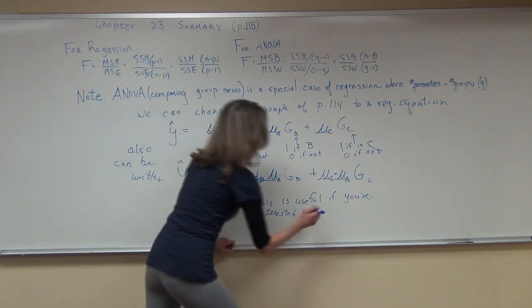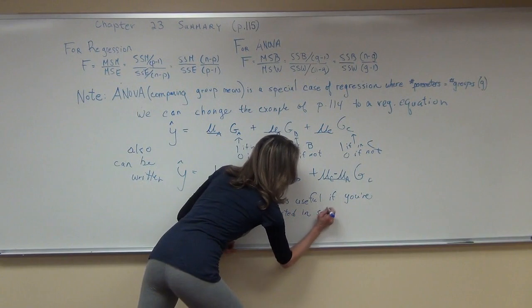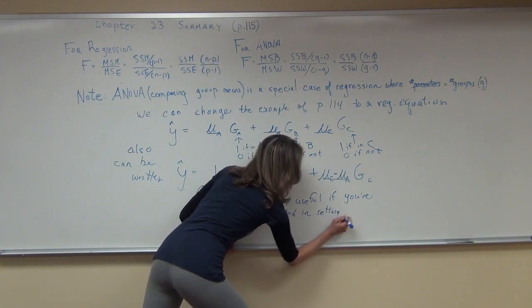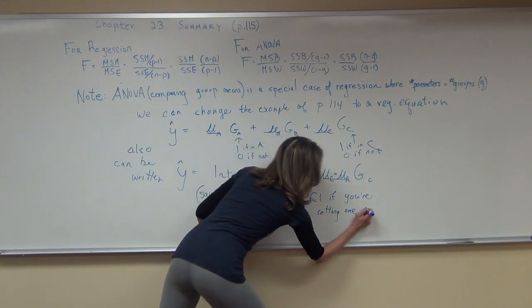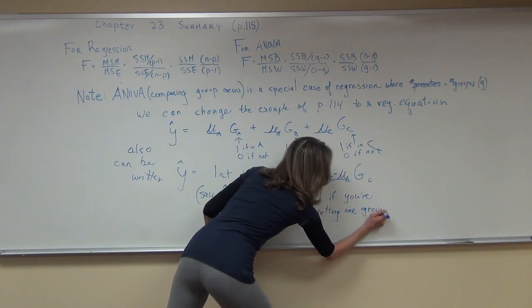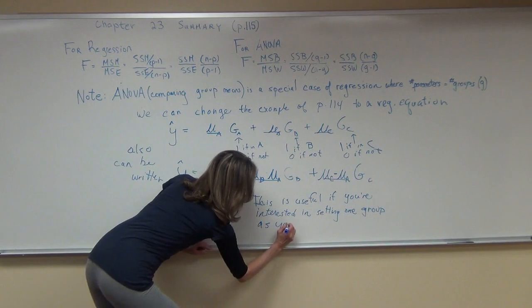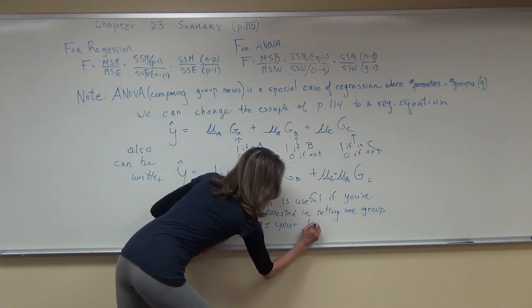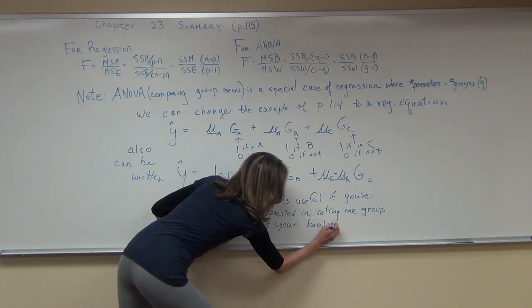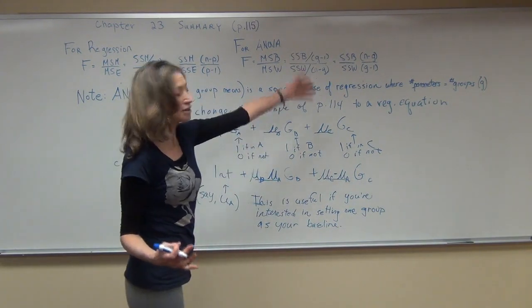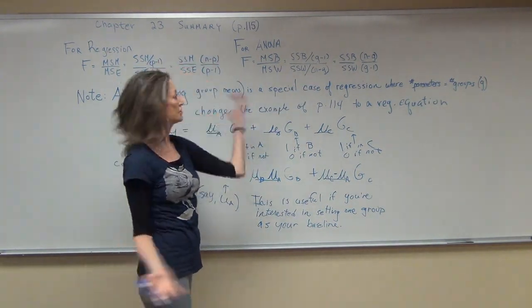If you're interested in setting one of the groups as a baseline. Okay, so that's the idea. And that makes perfect sense why the number of groups is the number of parameters, and it's just a linear model.